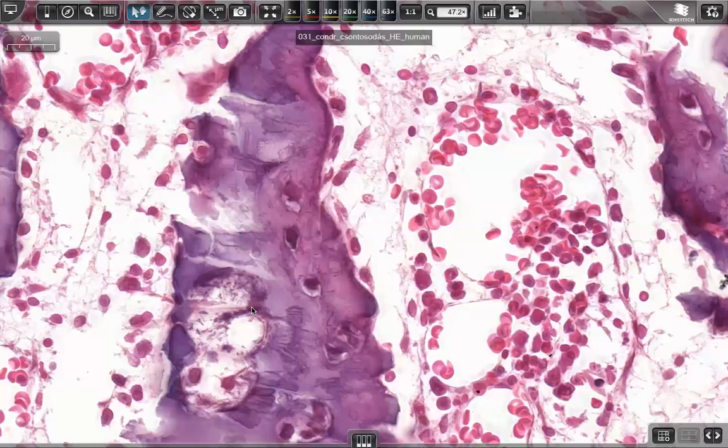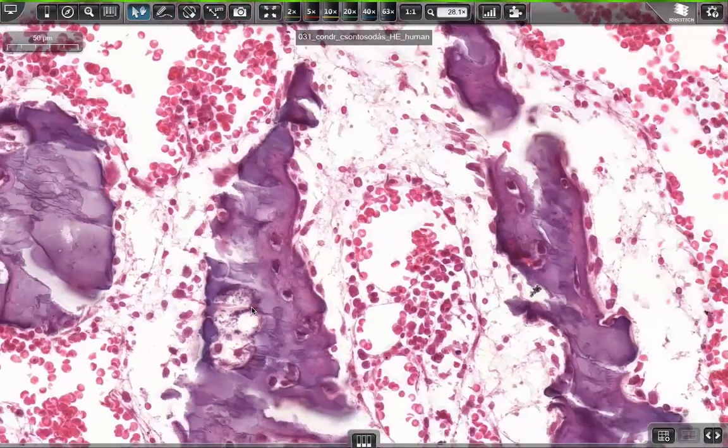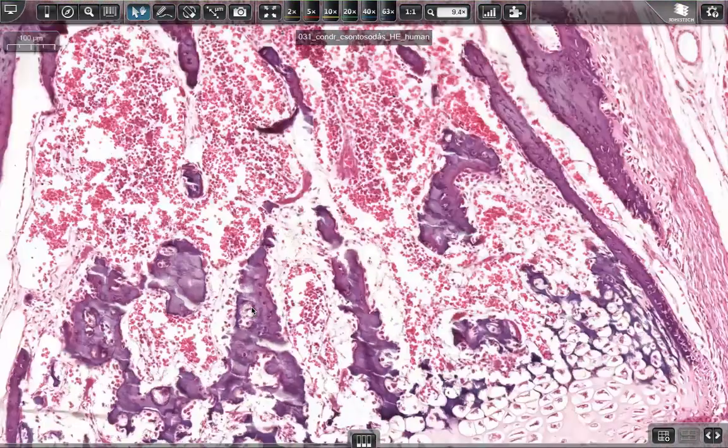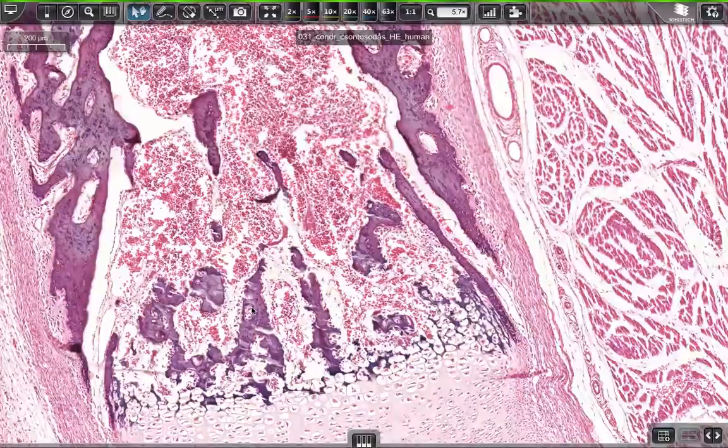So when we're talking about endochondral ossification, that means the cartilage matrix is gradually replaced by the bony tissue. So that's the endochondral ossification.